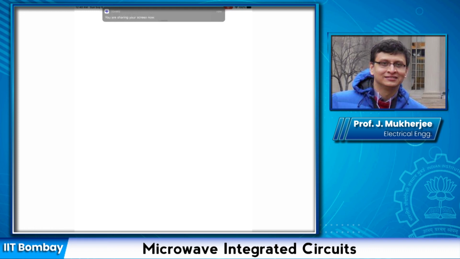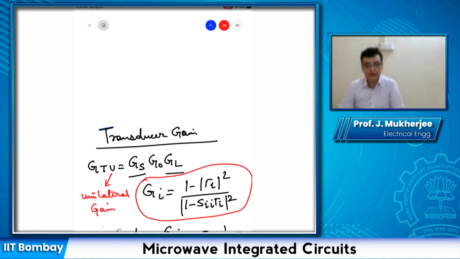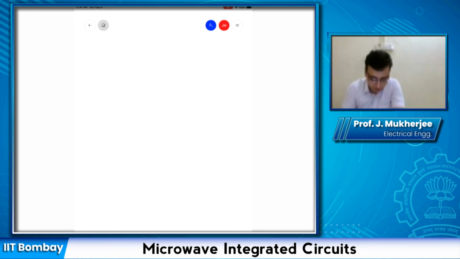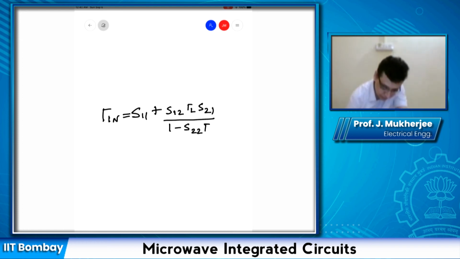You might wonder that we had already discussed what is unconditionally stable earlier. Yes, we had, but there are a couple of things that are different for the unilateral case. Number one, recall that for the unilateral case, we start with the equation for gamma in, that is the input reflection coefficient, and the equation for the output reflection coefficient.